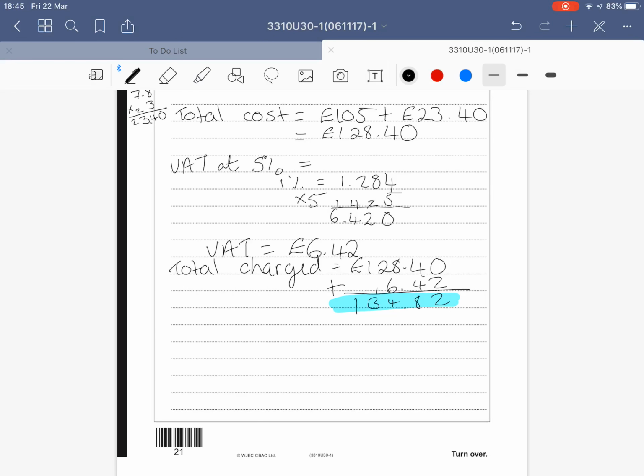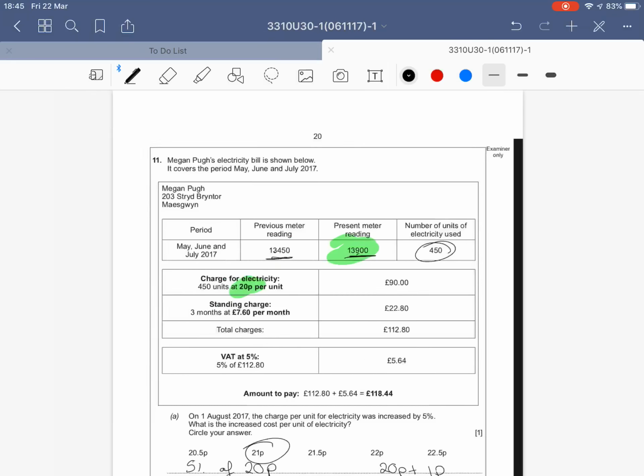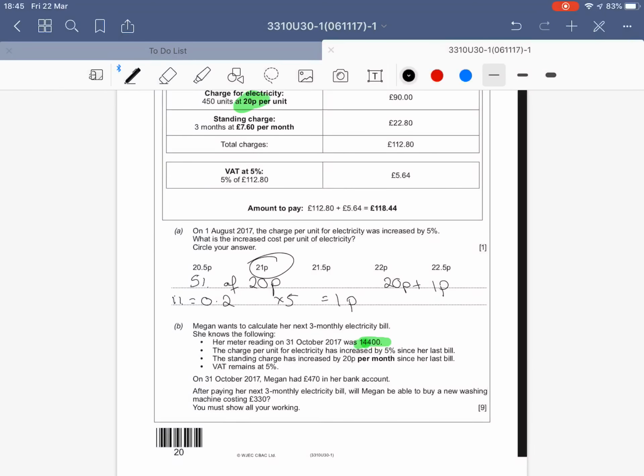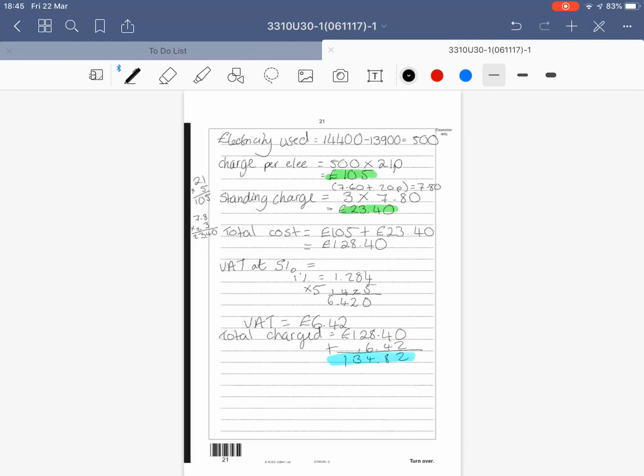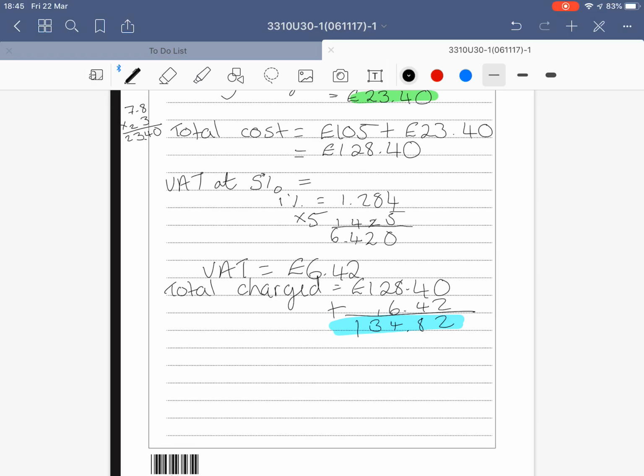Not quite finished yet. She wants to buy a washing machine. How much has she got? I can't see it. Oh, 470. So she's got 470 in the bank, and the washing machine is 330. So she has 470, take away that 134.82, so there will be invisible zeros after here.